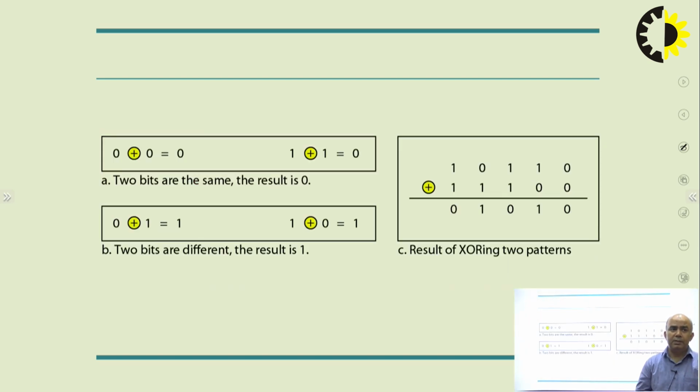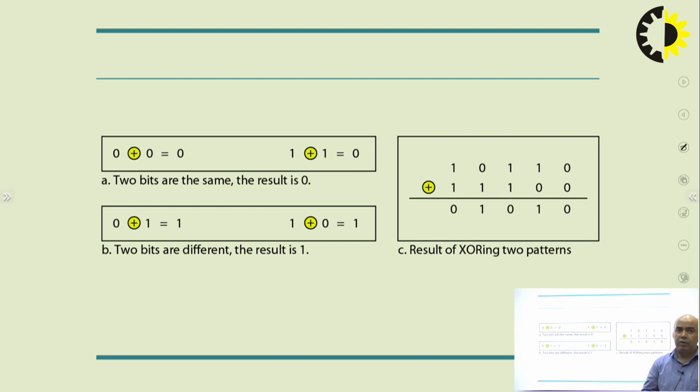These are the code words. If 2 bits are the same, then using XOR the result is 0. If 2 bits are different, then the result is 1. So, by using XOR, we already know 0 0 is 0, 1 1 is 0, however 0 1 is 1 and 1 0 is 1.